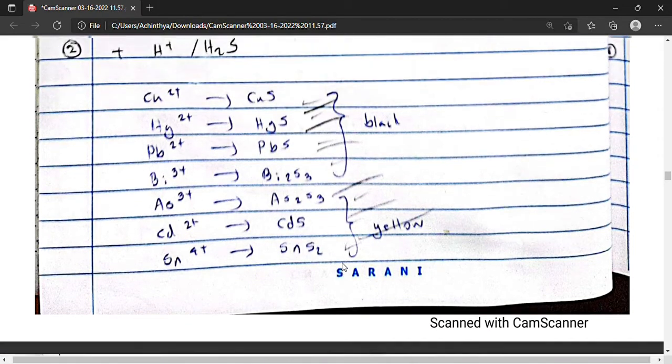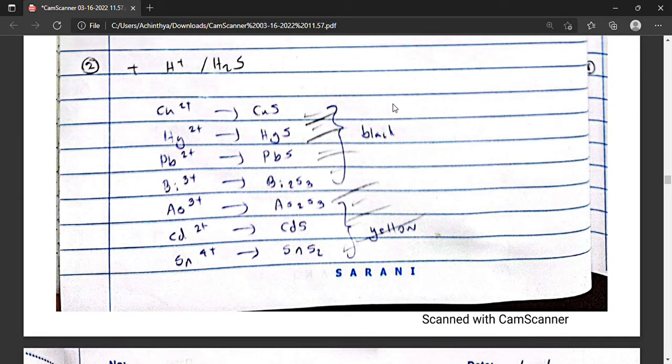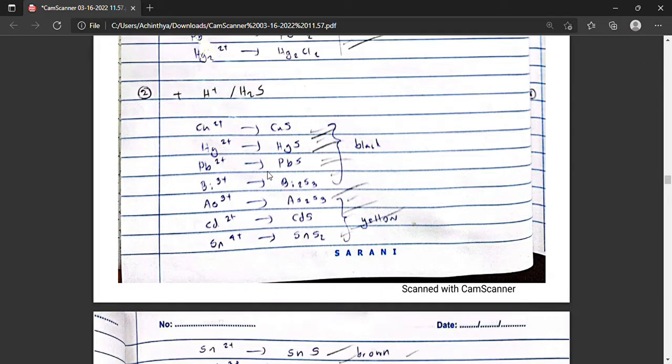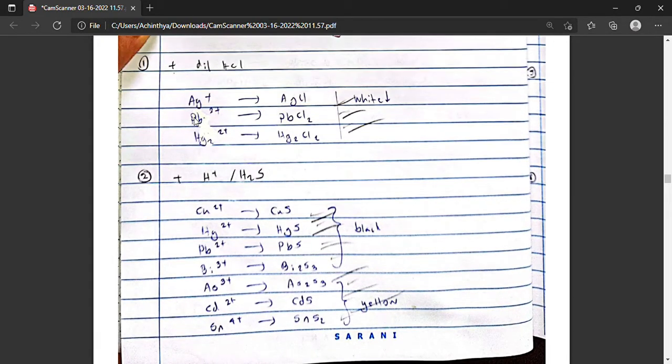Now enough of that. If we were to observe a black precipitate, it would mean the presence of either cupric sulfide, mercuric sulfide, plumbous sulfide, or bismuth sulfide. Here both of these are plumbous, but here it's mercurous and here it's mercuric.